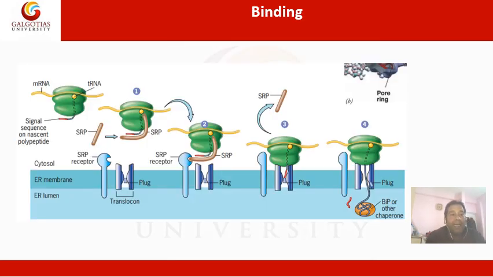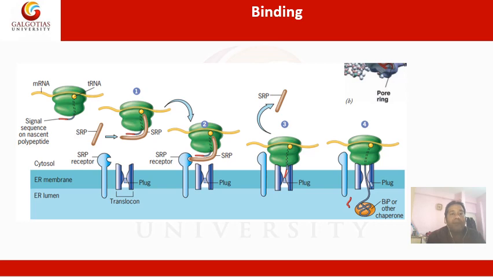Now, if we see the binding of ribosome to the endoplasmic reticulum, how does the ribosome decide whether it has to remain free in the cytoplasm or bind with the endoplasmic reticulum? So what will happen when the ribosome gets assembled inside the cytoplasm?